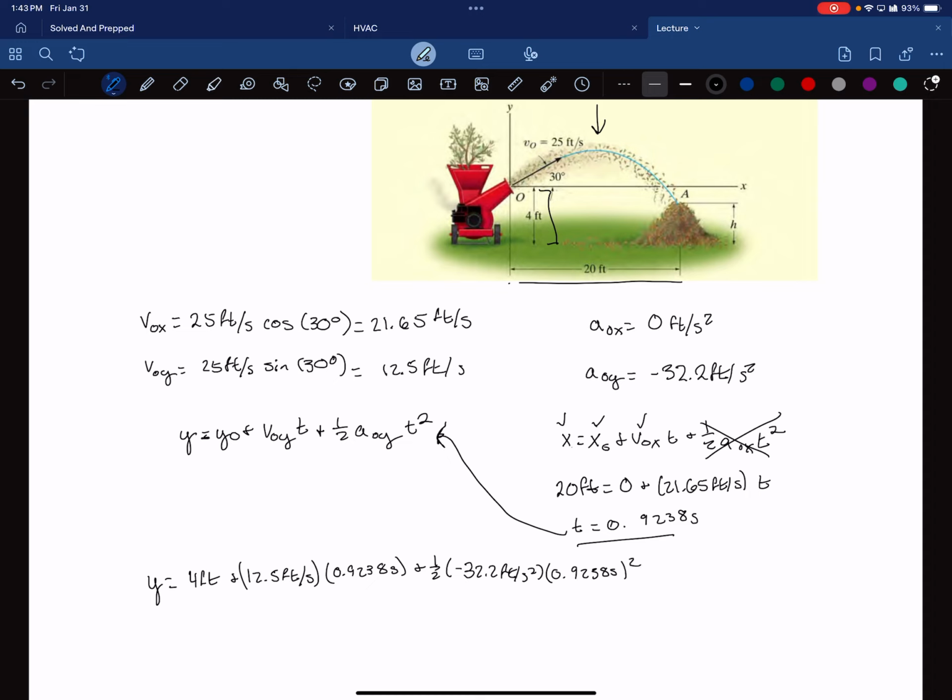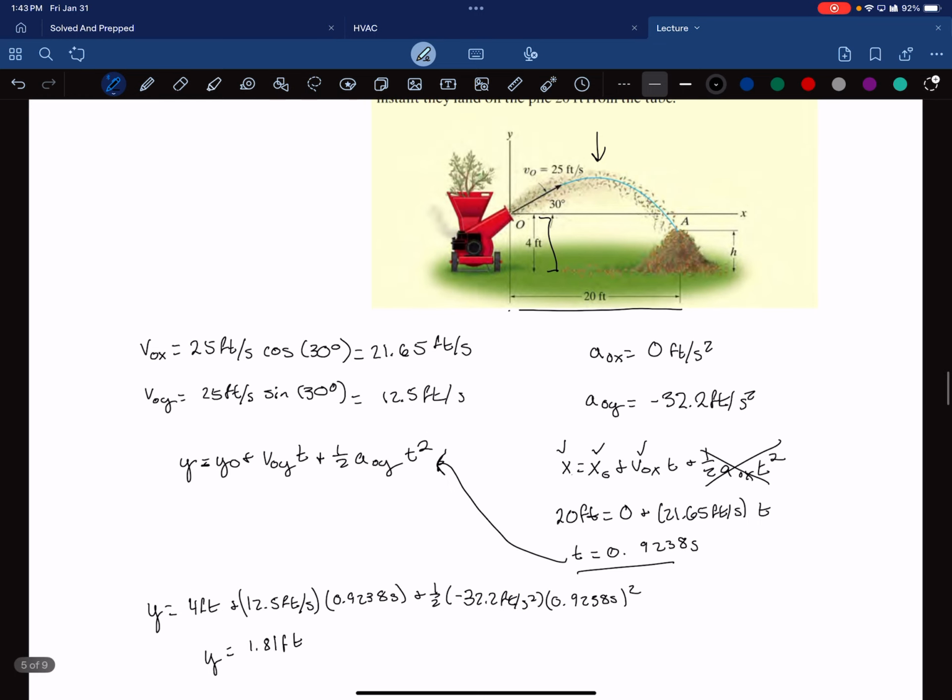And then just plug that into the calculator, and you get 1.81 feet. So that's our answer. It's not overly difficult, this one.